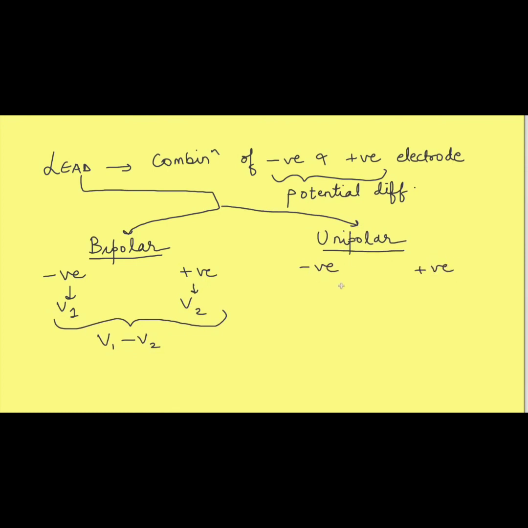In unipolar leads, one of the electrodes is at zero potential. So, if the potential at one electrode, say V1, is subtracted from the other electrode potential, that is 0, we will get that potential only, that is V1. So, unipolar lead is set to record the actual potential.